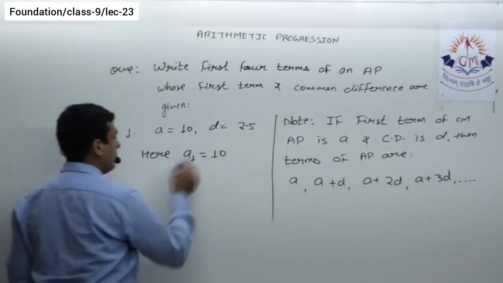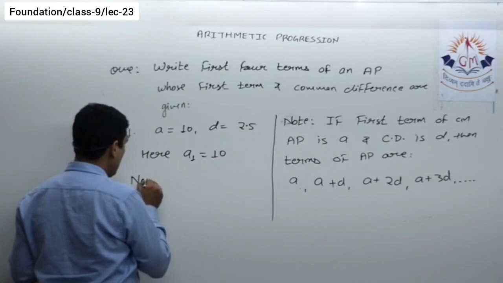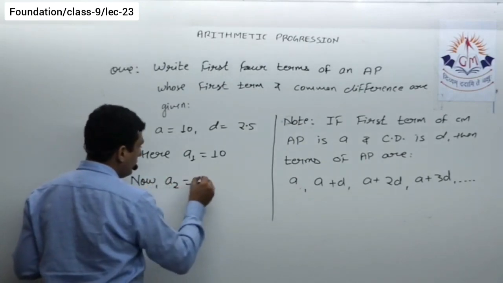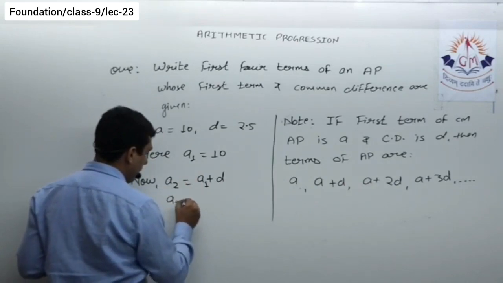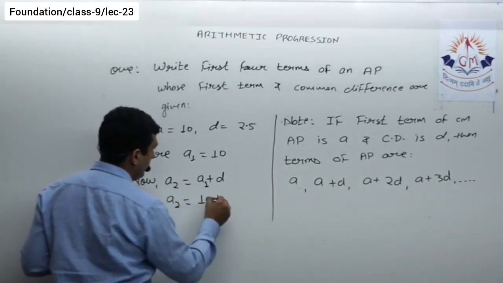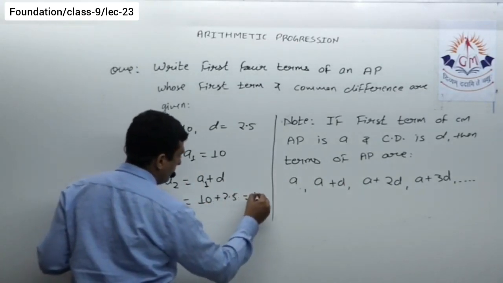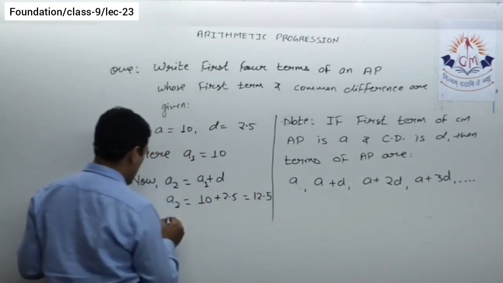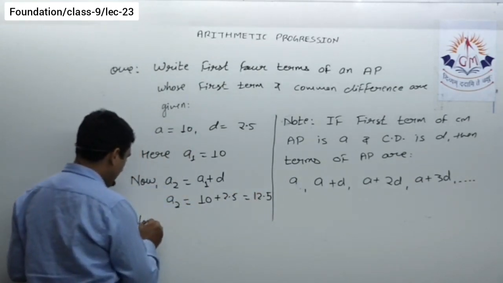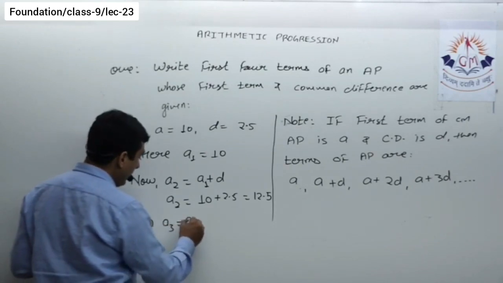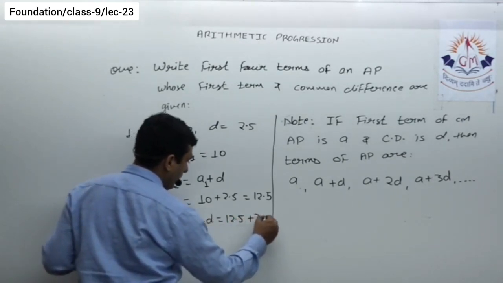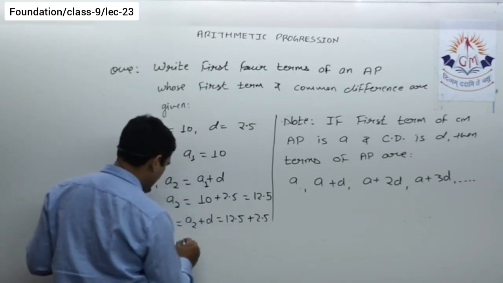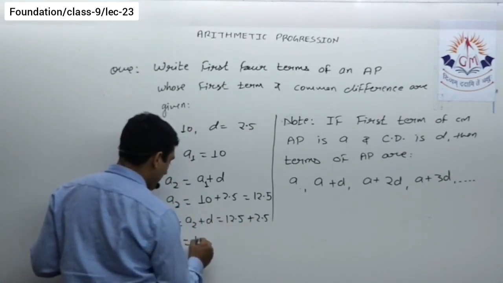So here a1 is equal to 10. Now a2 is equal to a1 plus d, isn't it? So a2 is 10 plus 2.5, that is 12.5. Now a3 is a2 plus d, that is 12.5 plus 2.5. So a3 is 15.